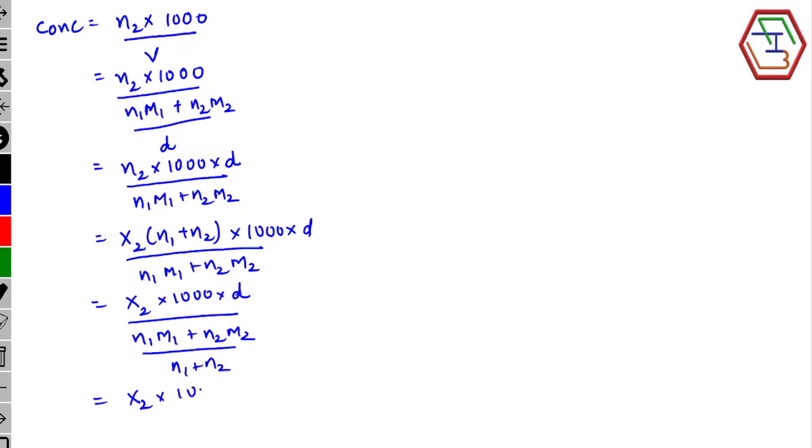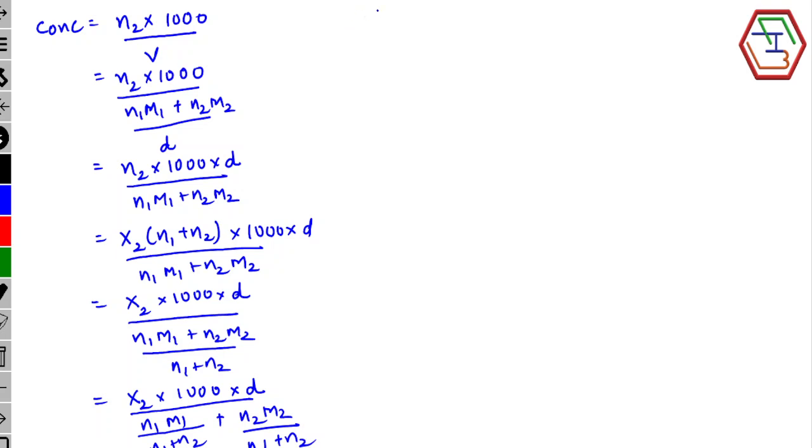X2 into 1000 into density upon N1 M1 upon N1 plus N2 plus N2 M2 divided by N1 plus N2.